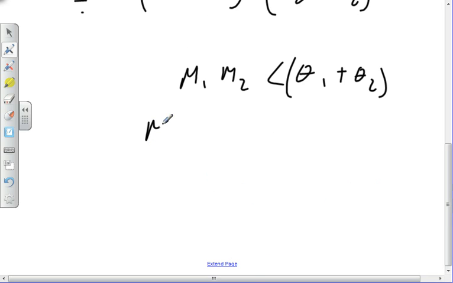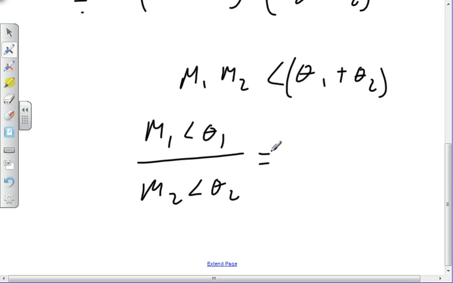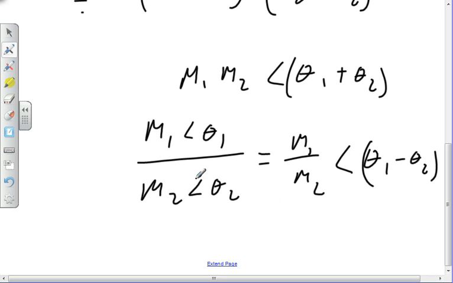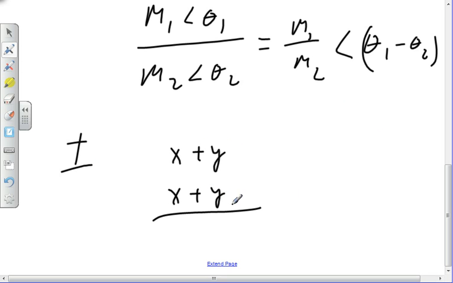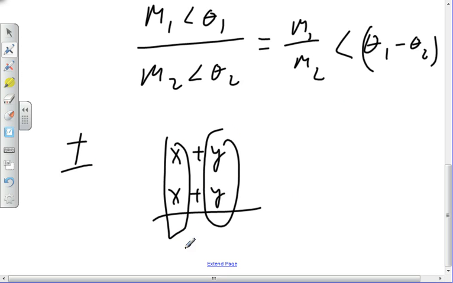And if I have M1 angle theta 1 divided by M2 angle theta 2, then all I have is M1 divided by M2 angle theta 1 minus theta 2. And if I'm adding or subtracting, and I've got x plus y, then I add the x's together and I add the y's together.